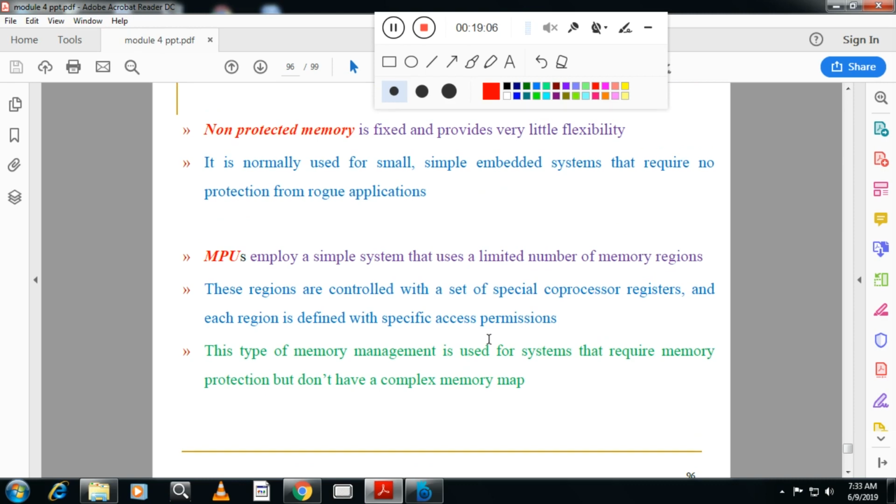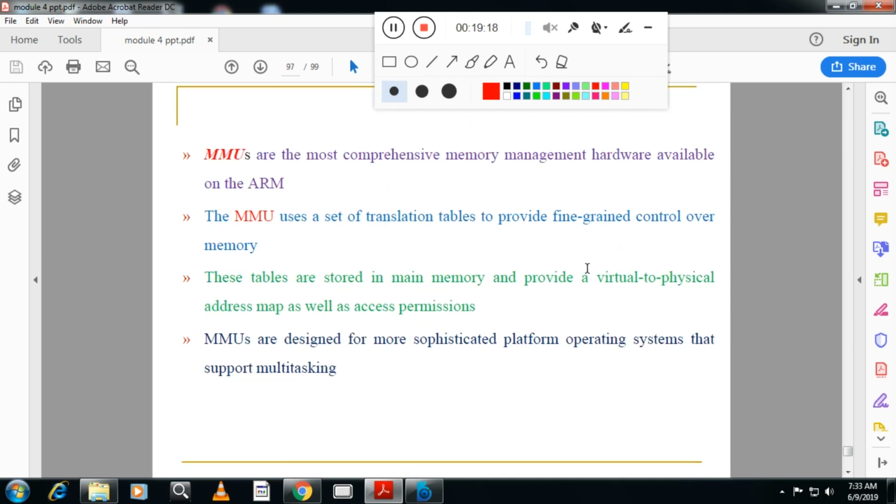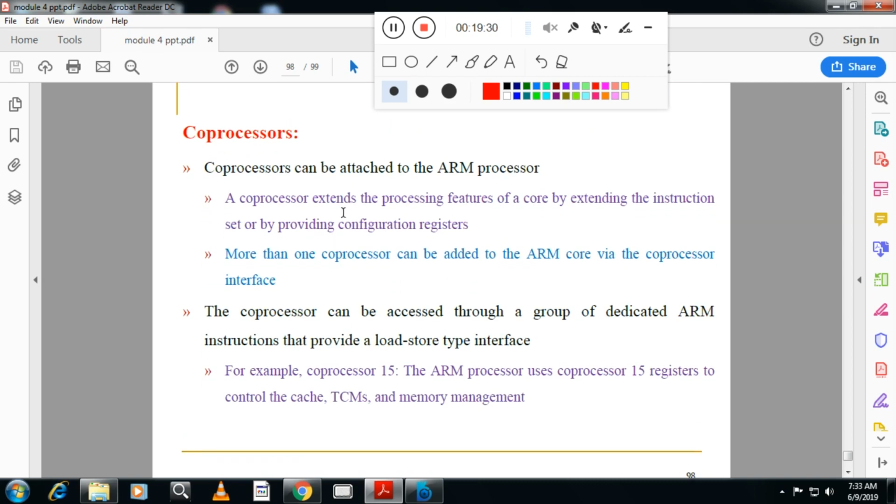With no protection, memory is fixed and provides very little flexibility. The MPU employs a simple system that uses a limited number of memory regions. The MMU is the most comprehensive memory management hardware available on the ARM.